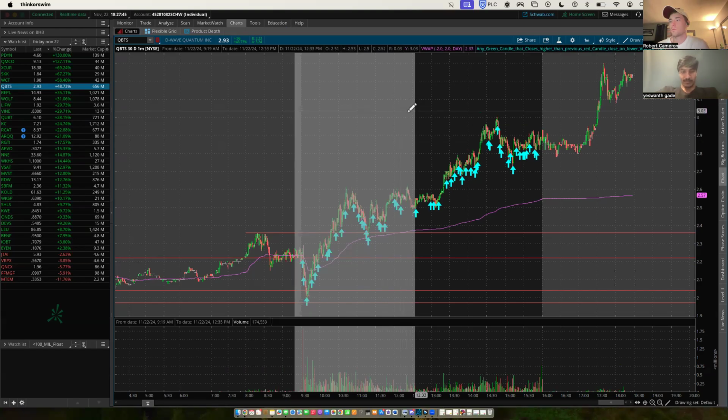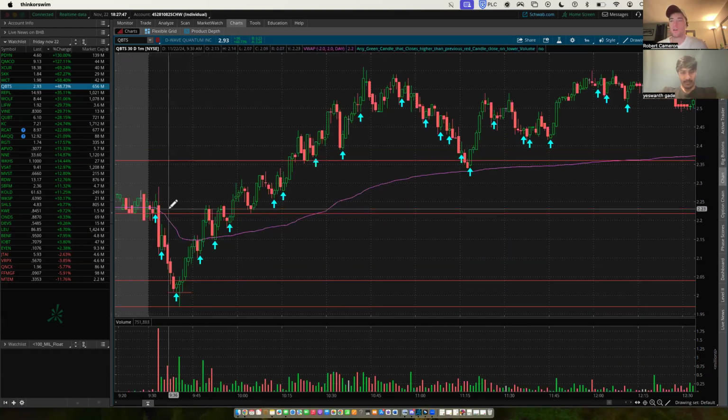Yeah, for me personally, I generally don't like to trade the first 5 to 10 minutes of the market. You can see we have an amazing reversal signal right at the 10-minute mark. You have a reversal signal happening over VWAP. That's not for me.